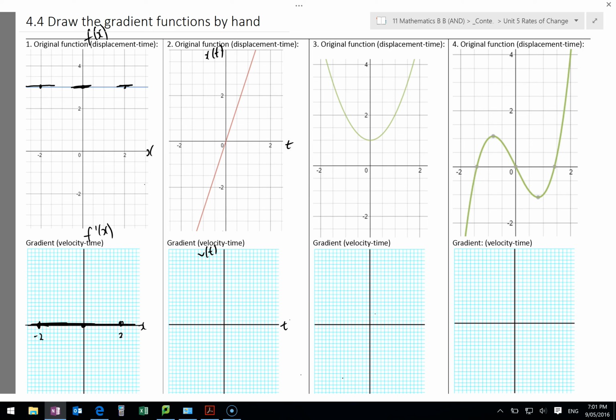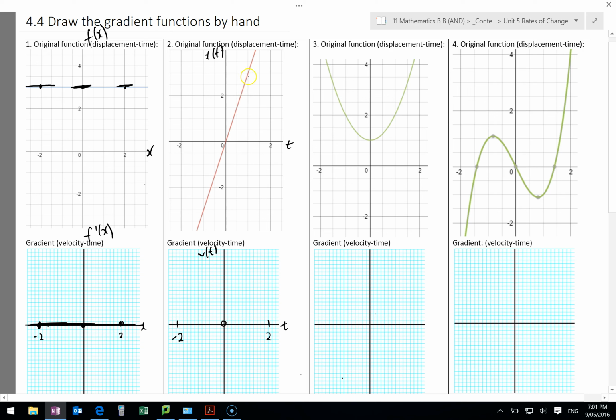Okay, what about equation 2? How do we describe that slope? Imagine I was standing here, walking up it. I would just experience a constant rate of change. So it doesn't matter if I'm standing at the bottom or at the top. If I'm walking from left to right, my slope is going to be the same. When we're sketching these, we won't actually mark typically what the slope is.